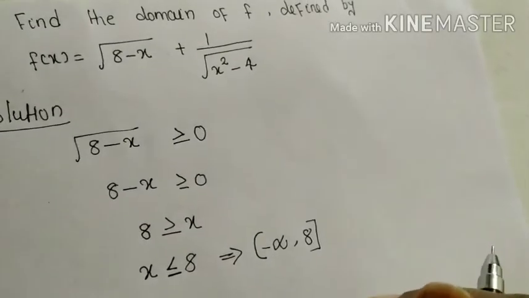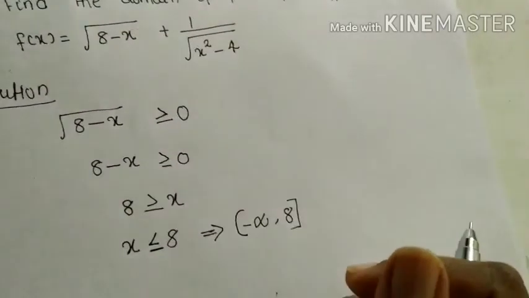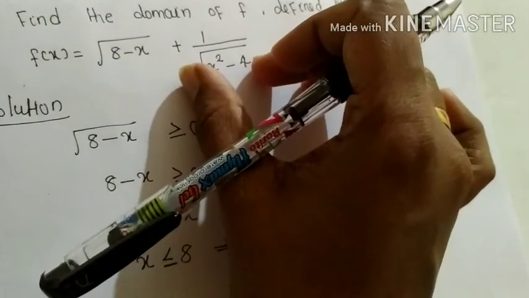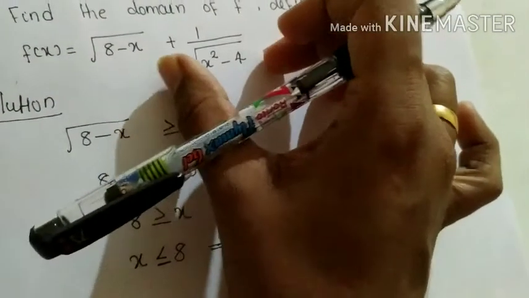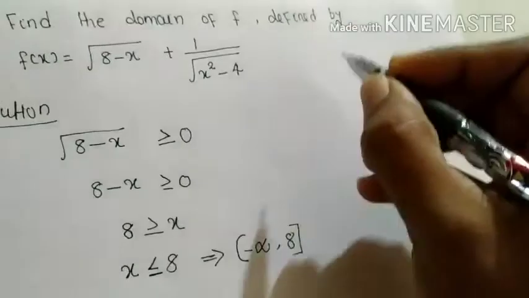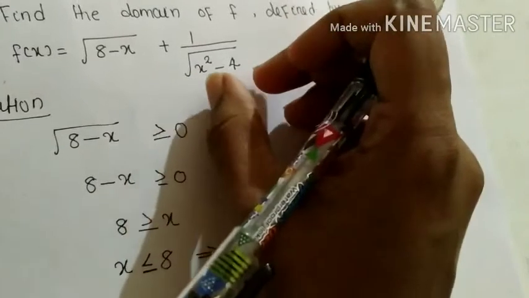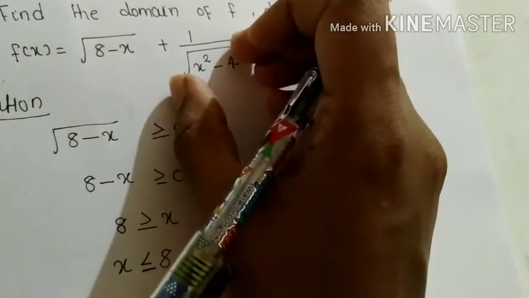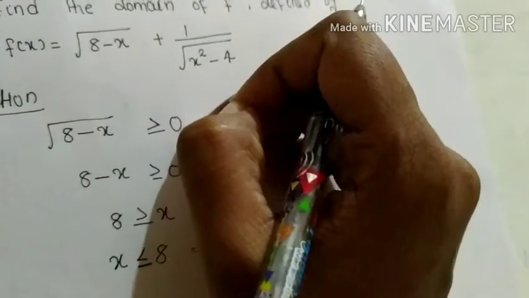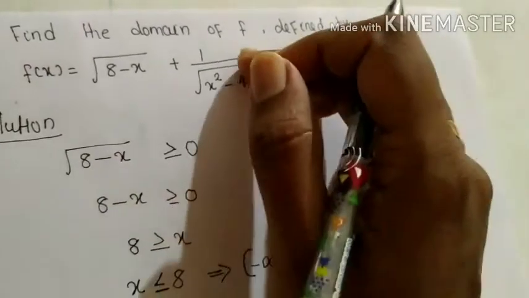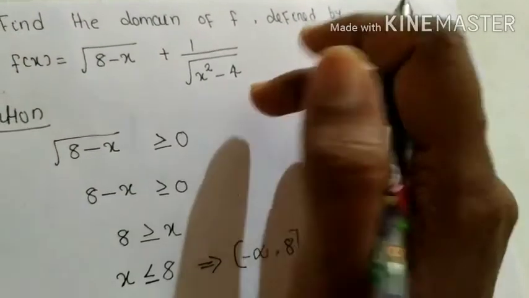Next, I am going to take the second term of the whole function. Here we know that the root of (x square minus 4) is always greater than or equal to 0, but this root lies in the denominator.